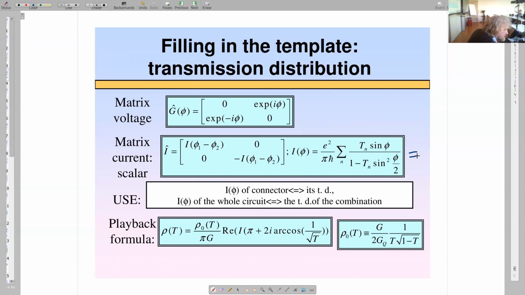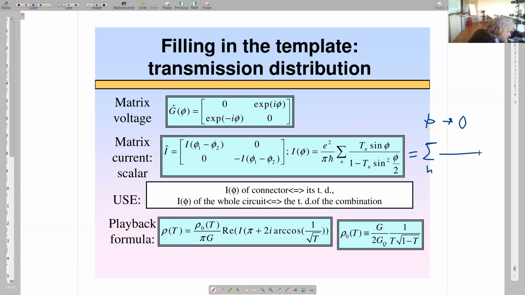In this formula, I will go to the limit of small phi. Let us see. Is accuracy up to terms phi to the second power?